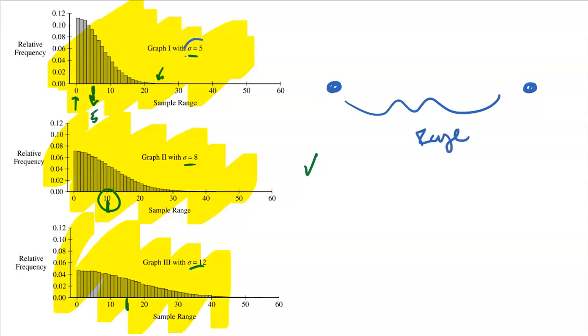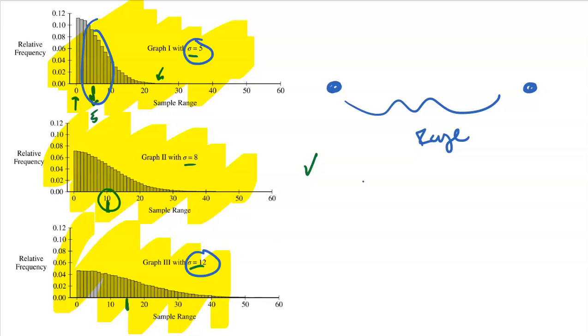Now, when your spread originally is very small, with a standard deviation of 5, you're not going to get very big ranges. Now, you might get a couple big ranges, but the majority are going to be small ranges. When you increase it to as high as 12, that means your population is more spread out, which means your individual necklaces are more spread out, which means that the range between any two necklaces could potentially be more spread out, which is why we see the center being more spread out, around 15, versus the original graph around 5.